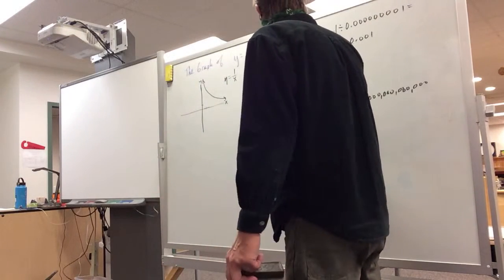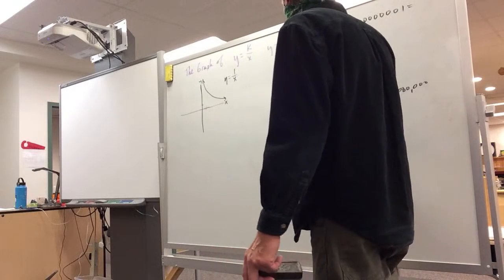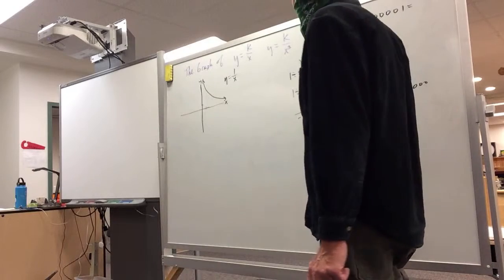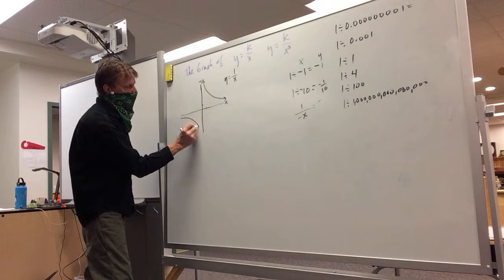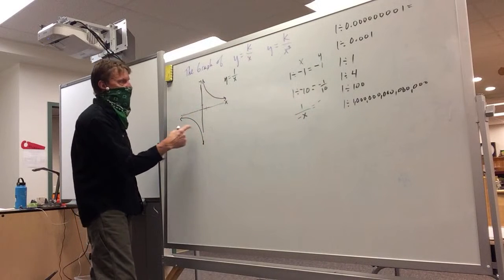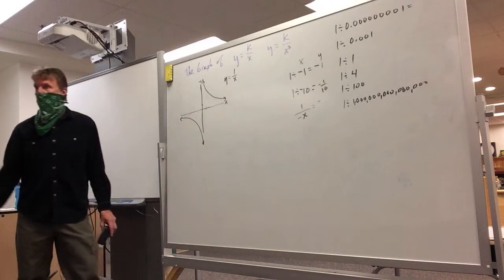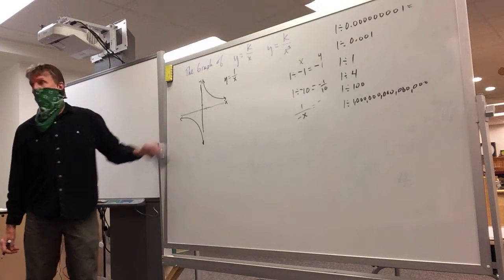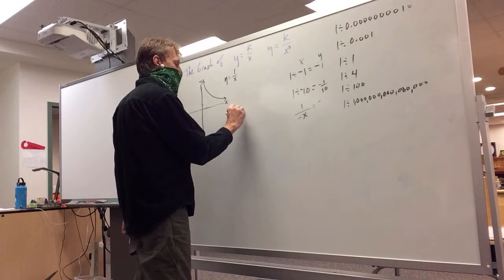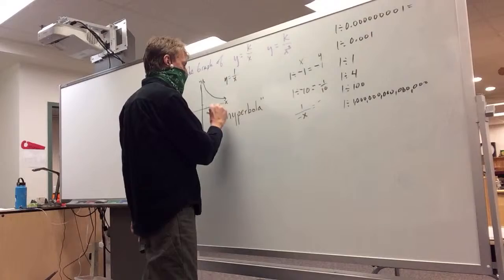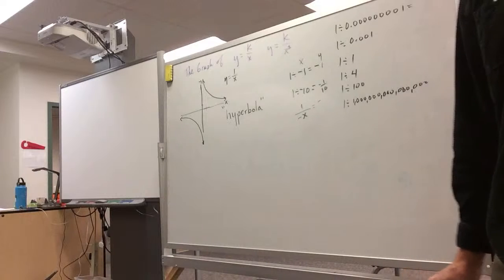Let's just keep going. 1 divided by any negative number will be equal to a negative answer. So this shape is on this side of the y-axis, down in quadrant number 3. This is called a hyperbola, and that's the graph of y equals k over x.